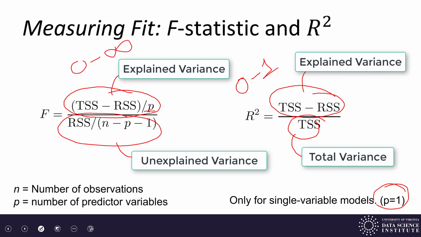And if you have no relationship between your inputs and your outputs, the explained variance in the top portion would be approximately equal to the unexplained variance in the bottom portion in this fraction, which would give you a value of about 1. So if there's no relationship between our inputs and our outputs, your F statistic is going to be about 1. And then the larger the F statistic, the better the fit, the stronger the relationship between your inputs and your outputs.